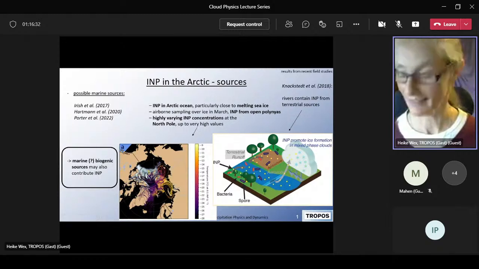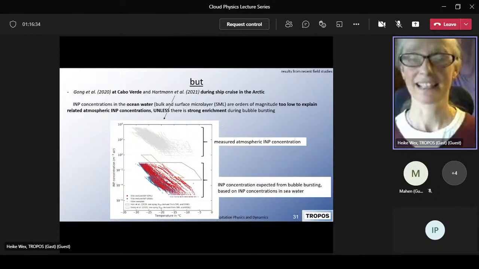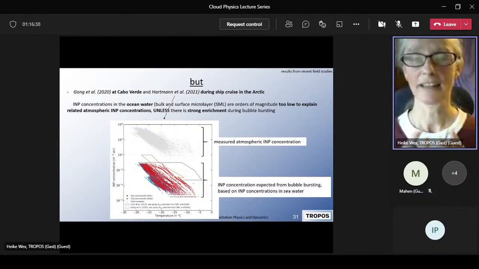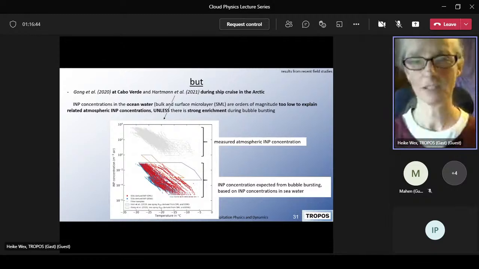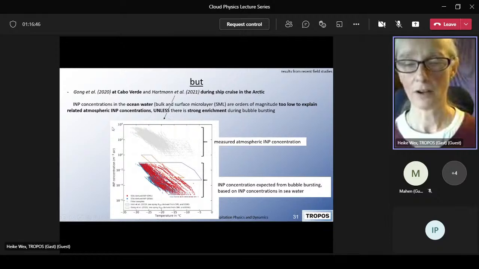That's true, but still, the puzzle is that we have two studies, one at the Cape Verde Islands, the other one in the Arctic, where we looked at INP in seawater and in the air at the same time. And that plot shows what we measured in the atmosphere. That's the data up here.